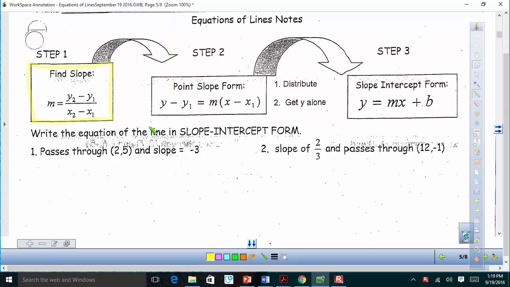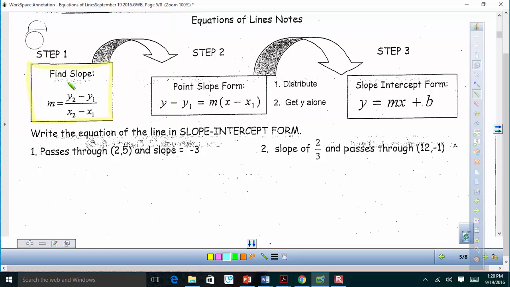Know that you have to know this because from now on, we just found out that the ACT no longer gives you formulas. And so when you take the math portion of the ACT, you have to know formulas like this to do well and to be successful. So we are now requiring you to know them and memorize them, so then your scores will be better for your ACTs.